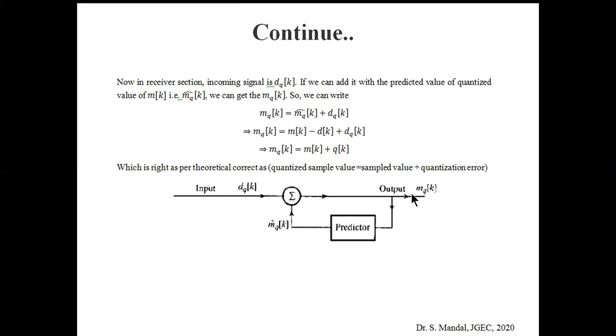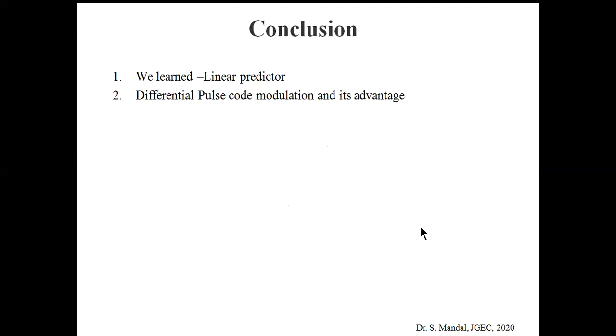The input of the predictor is mqk, and we get the mqk cap from the predictor, and it continues in a feedback loop, and we get the quantized version of the original signal at the receiver section. Obviously this one is also in discrete value.